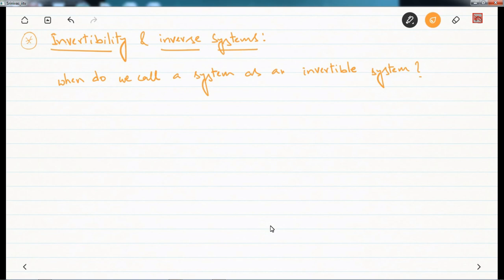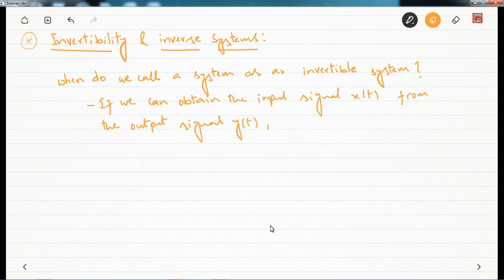And if we can obtain the input signal x of t from the output signal y of t, then such a system is called an invertible system, right?